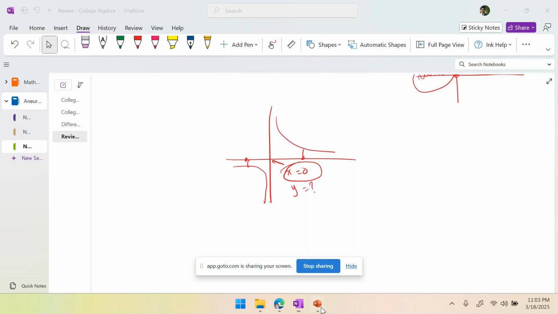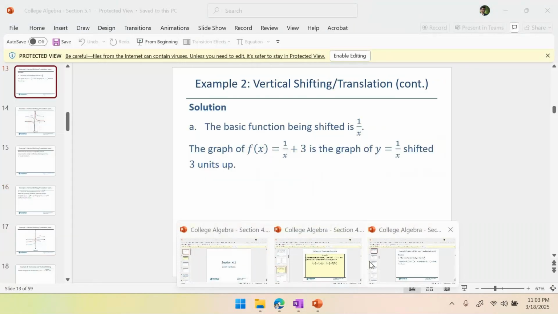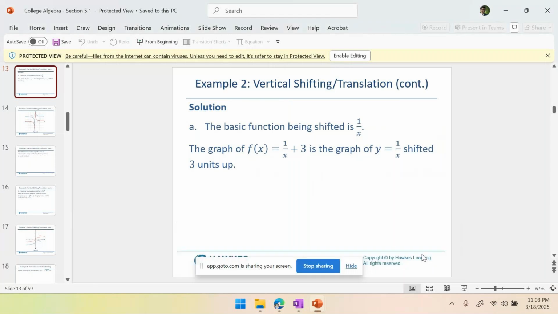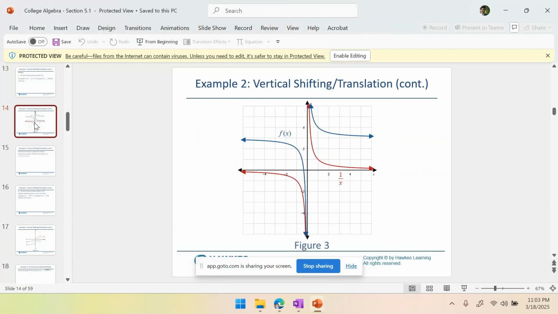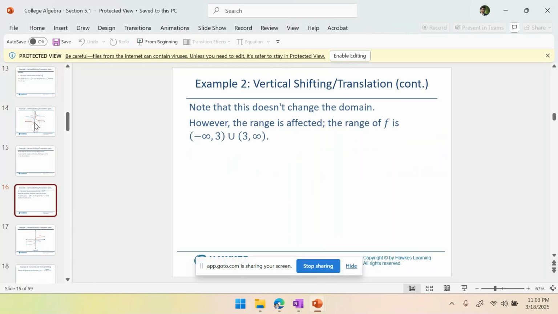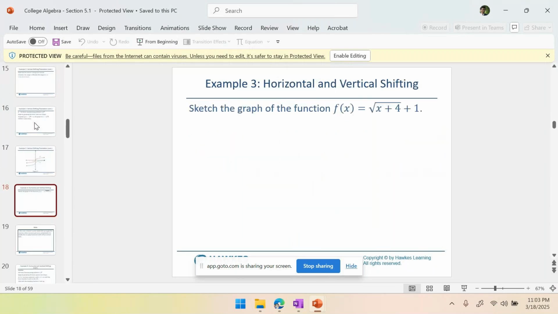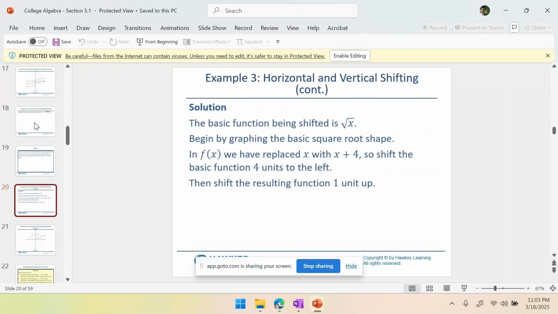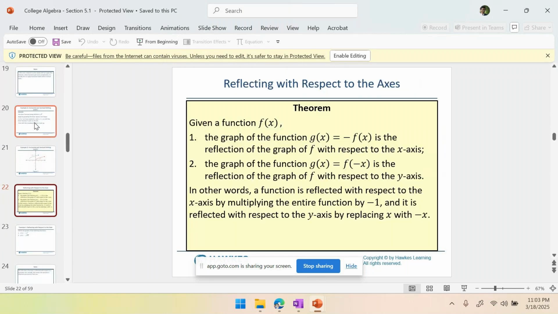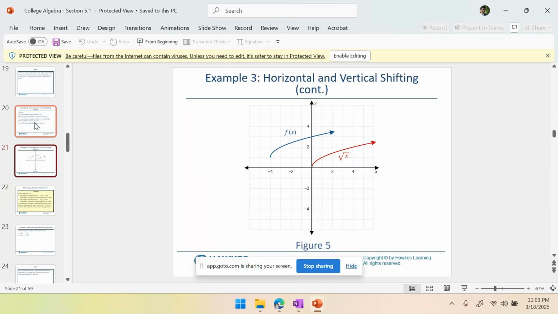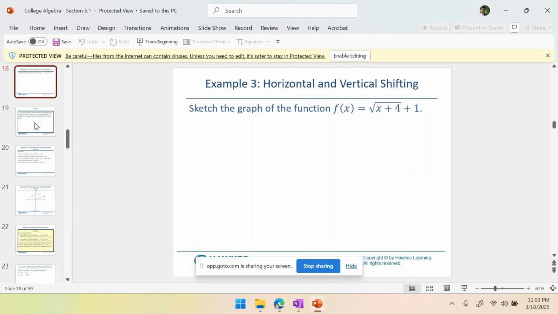And so when it comes to these transformations, identifying the domain is also an important part. And then vertical shifting, then we did a combination.